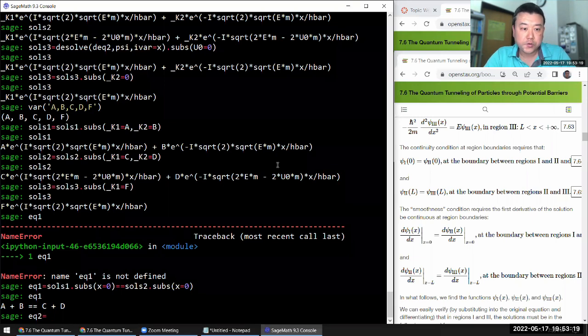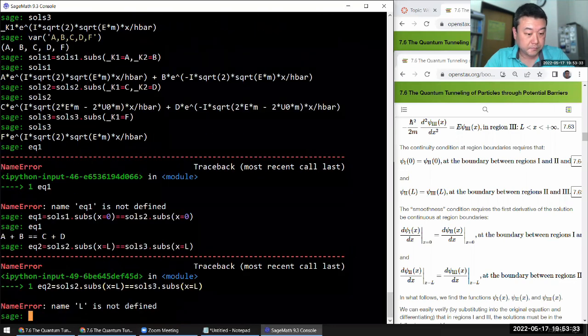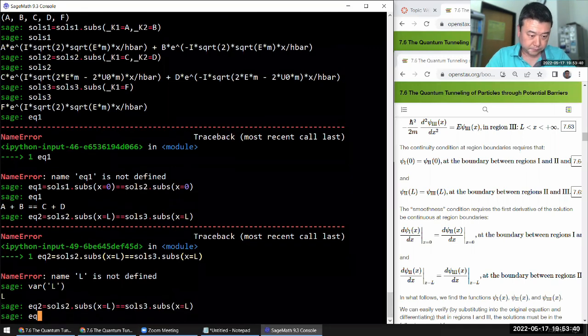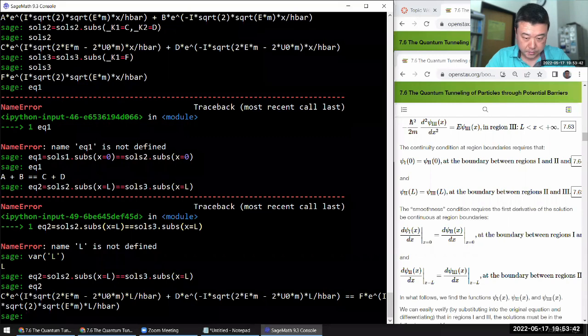The wave function is continuous at the right end of the barrier. Solution 2, substitute in x equals L is equal to solution 3, substitute in x equals L. Oh, I need to declare L. Okay, so far so good. That looks complicated.